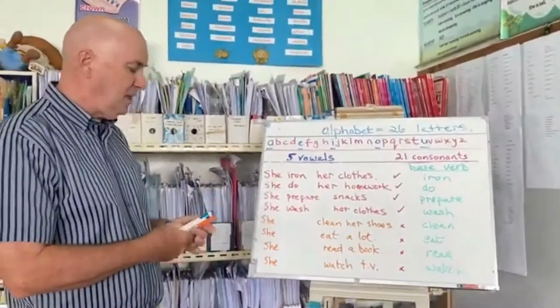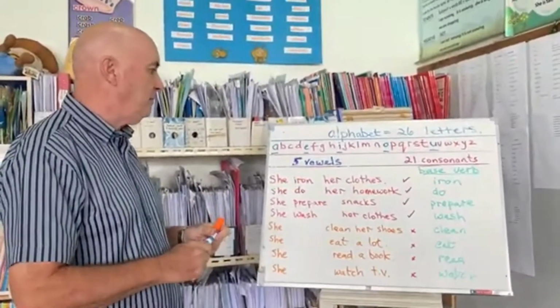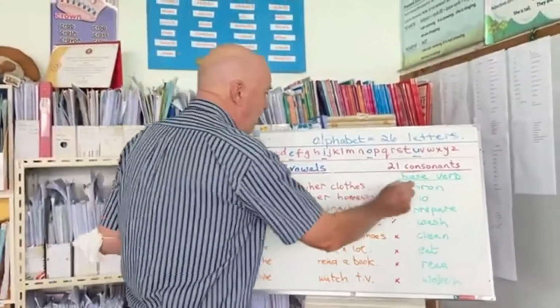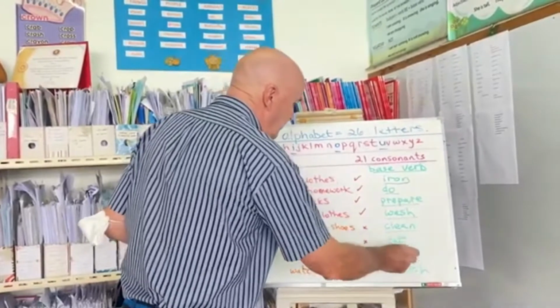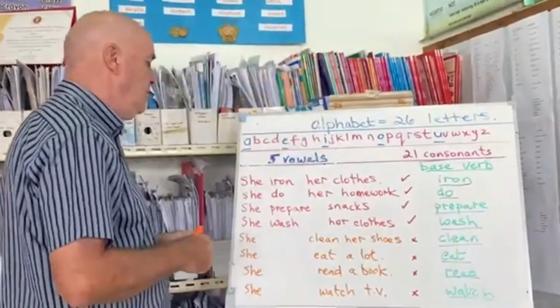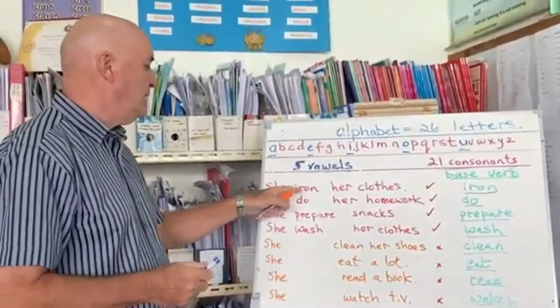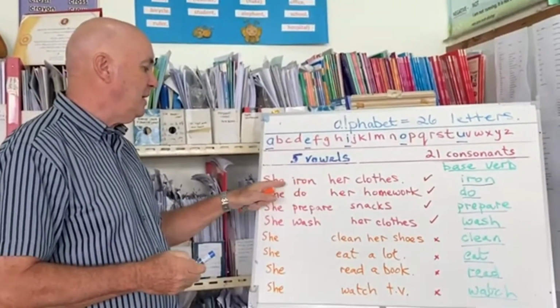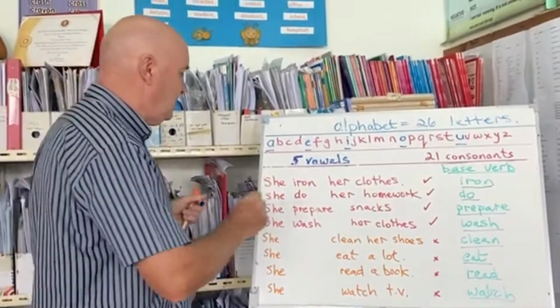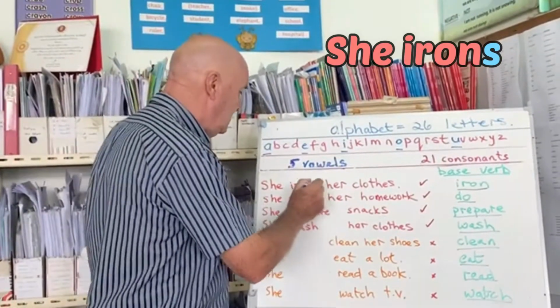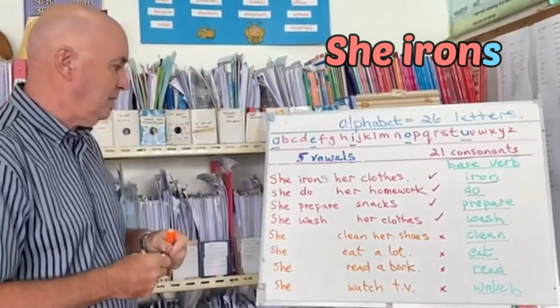So we've got 8 things to look at, and these are our 8 base verbs. Okay, so number 1, base verb is iron, the subject is she. Because the subject is she, we have to put S on the base verb.